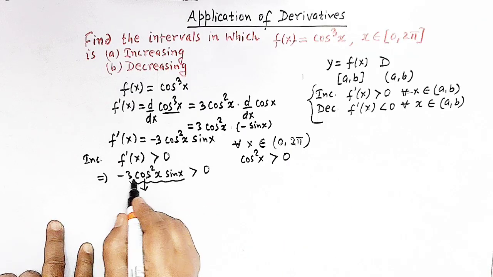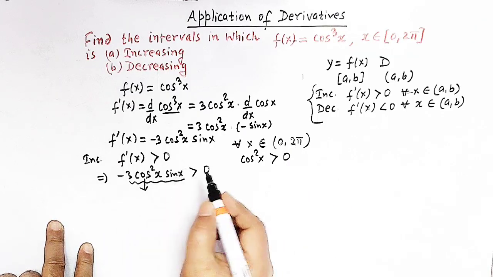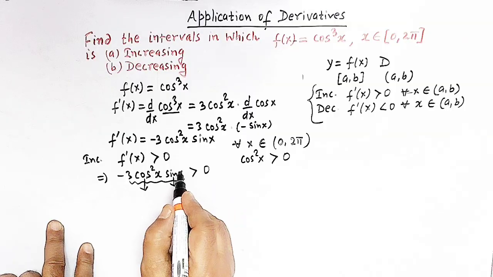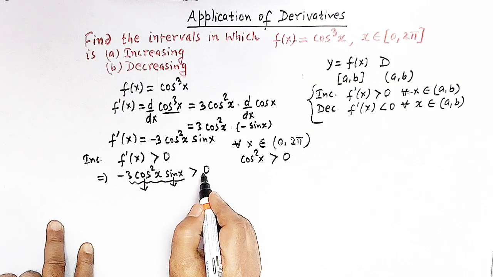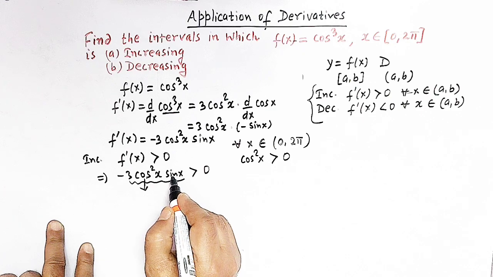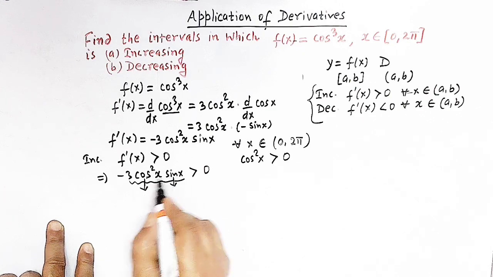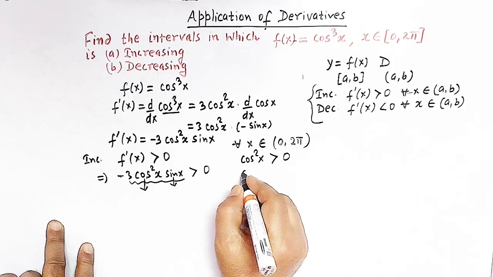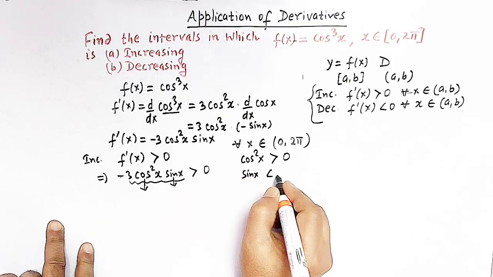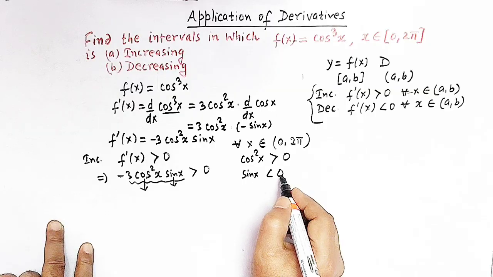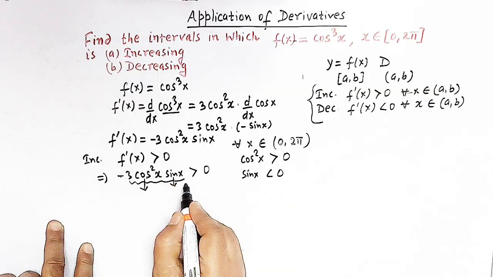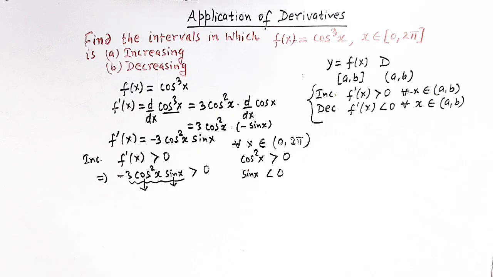Now we have to concentrate on this term only, because for this expression to be greater than 0, sine x should be negative, because here we already have a negative sign. So sine x should be less than 0 for this term to be greater than 0.